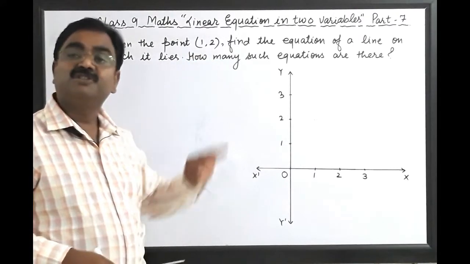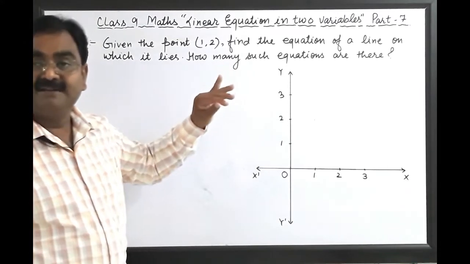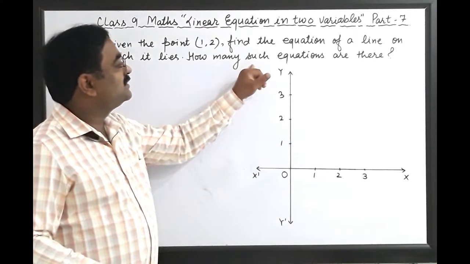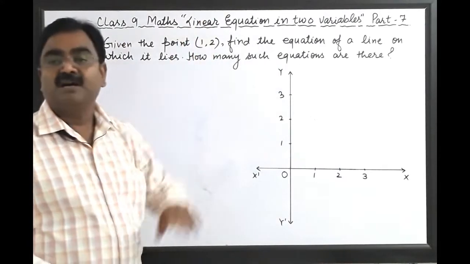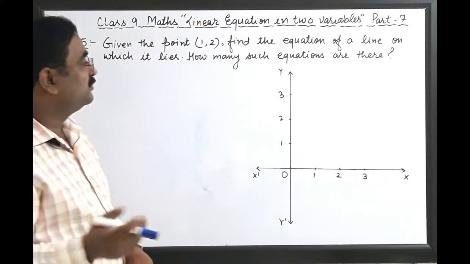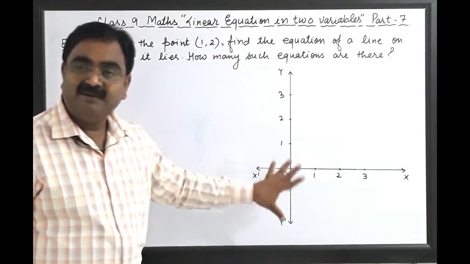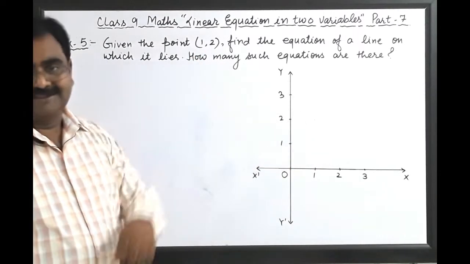Means this point should satisfy that equation. And how many such equations are there? तो पहले तो हम क्या करते हैं बेटा, इस पॉइंट को इस कोऑर्डिनेट प्लेन में प्लॉट करते हैं.